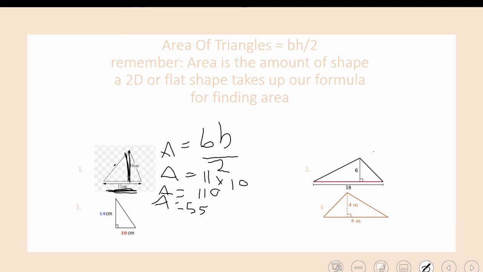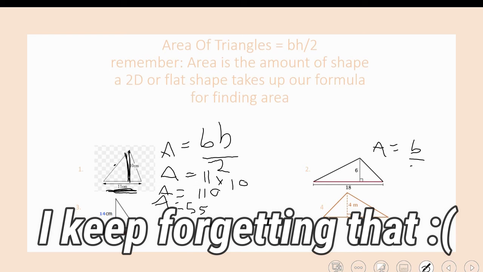Okay, let's first write the formula. I keep forgetting that. Base multiplied by height.